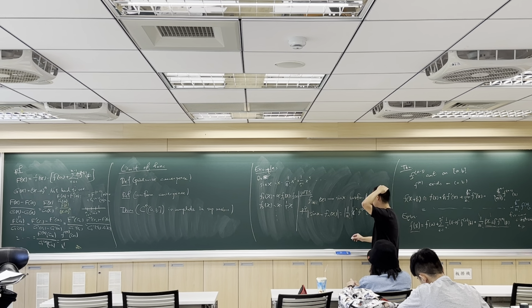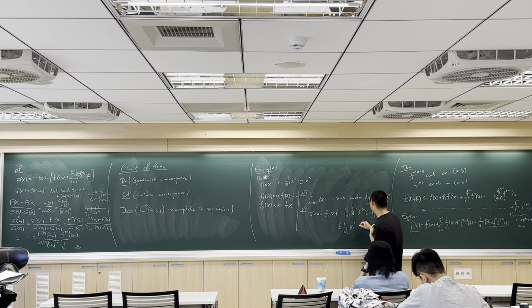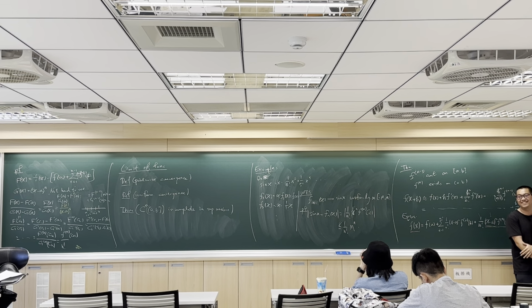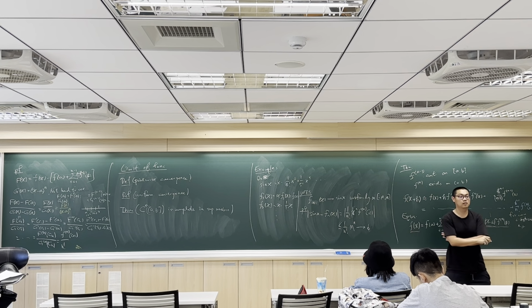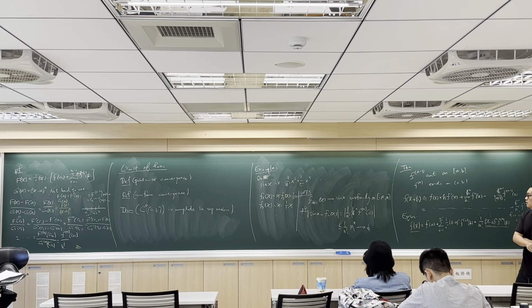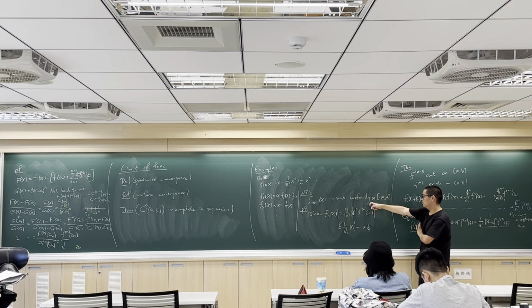This is bounded by M to the n over n factorial, and this one converges to 0. So this one is uniformly bounded by this.